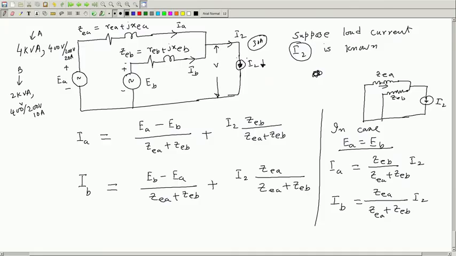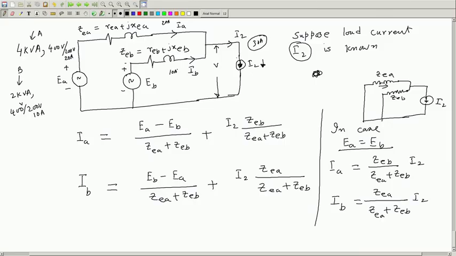But here I should also add, okay, when this 30 ampere is supplied, I will demand that transformer A supplies 20 ampere and transformer B supplies 10 ampere, then only I will be the happiest man in the world.